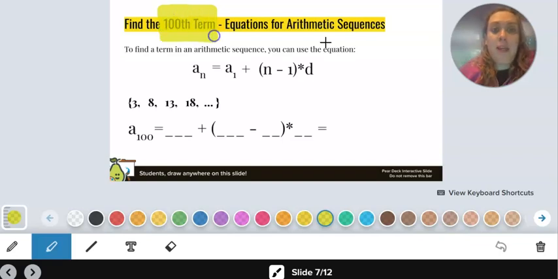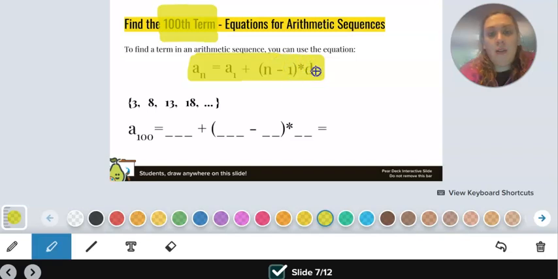We could make a big list and go all the way to our 100th term, but that could take a long time. So when we're working with arithmetic sequences, we can use this formula, which is a sub n is a sub 1, which means the first term, plus n minus 1 multiplied by d, our common difference.